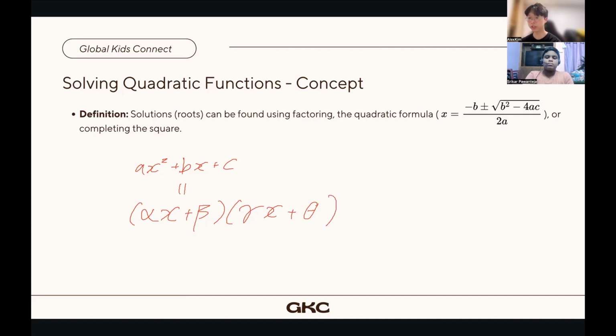And so we can re-express it as a product of two linear expressions in order to solve the quadratic equation.